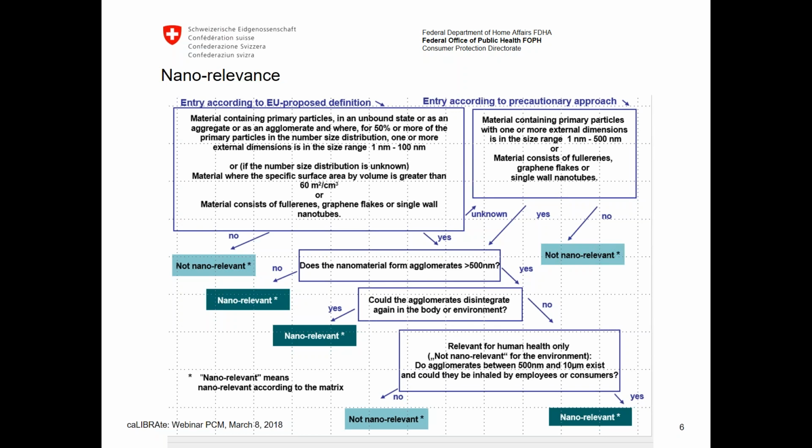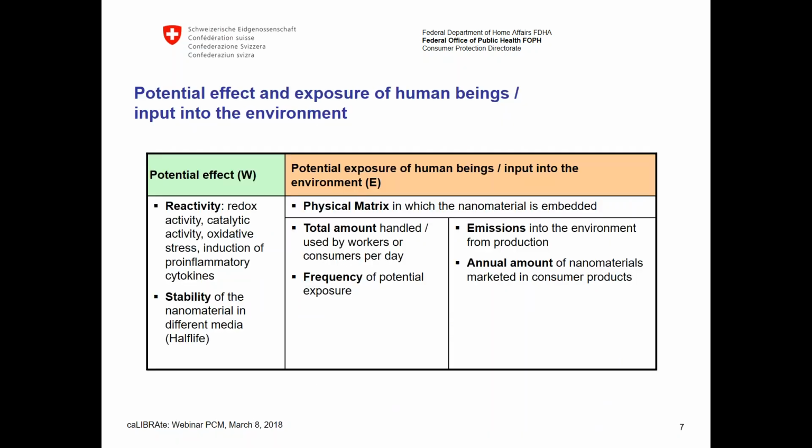Now to the two other modules. That's the potential effect module. There you can see all the parameters used to calculate the reactivity: the redox activity, the catalytic activity, oxidative stress, and induction of pro-inflammatory cytokines.